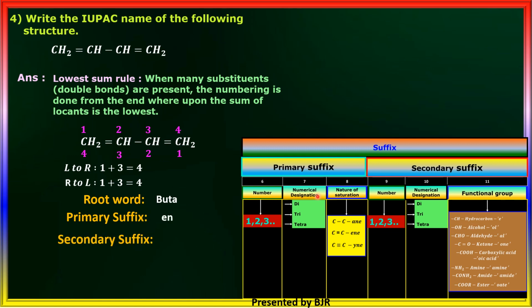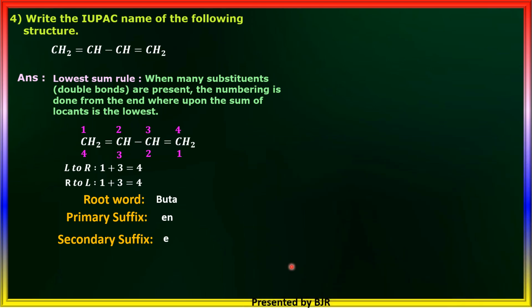Secondary suffix: only hydrocarbons are there, it is e. The first and third carbons are carrying double bonds. So here the double bonds are repeating, and we have to use numerical designations and numbers while naming this structure.